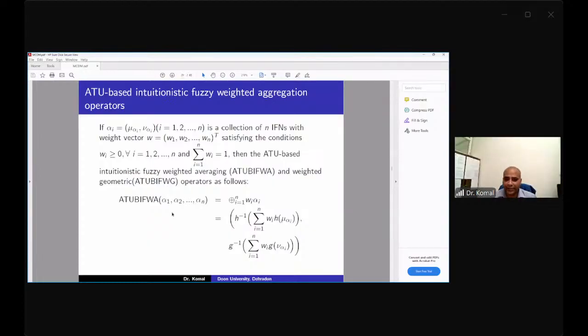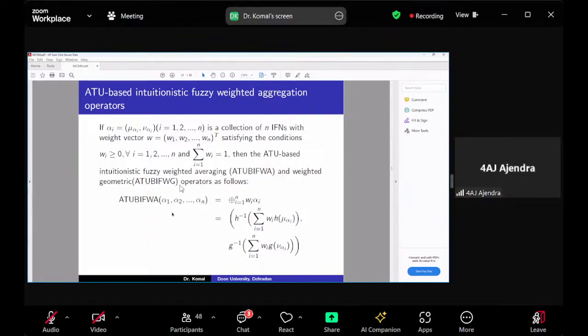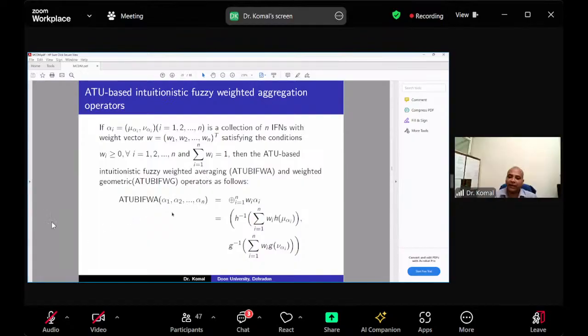Since they are weights, certain conditions are satisfied: each weight should be greater than or equal to 0 and the sum of all these weights should be 1. Then we can generate the ATU-based intuitionistic fuzzy weighted averaging and weighted geometric operators. The first expression is for the weighted average, which is the sum of wi into alpha i.